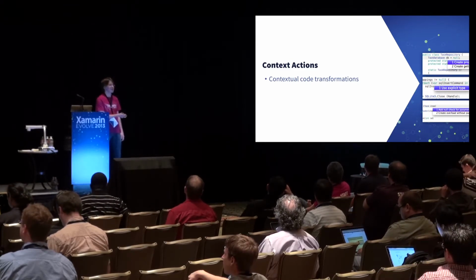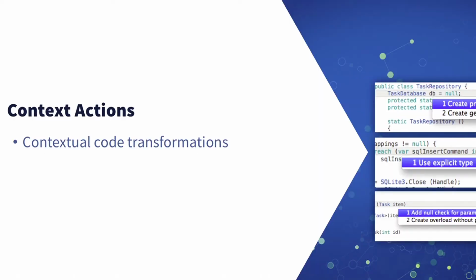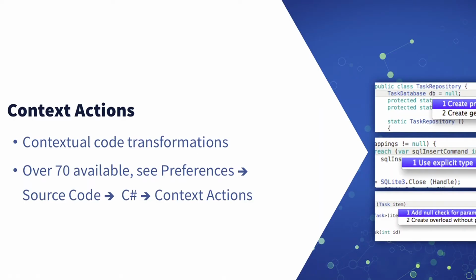The context actions are contextual code transformations. So anywhere in your code, you can just hit the Alt-Enter command, and it will show you things that it can do for you at that point. So it can, for example, turn a for-each loop into a for loop if you want more control over how it's iterating.